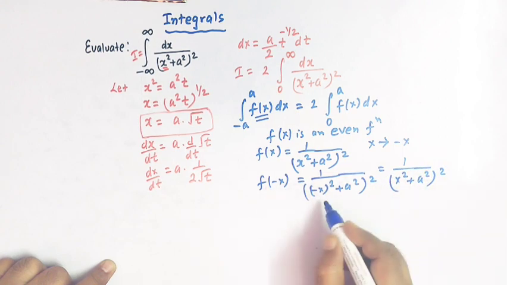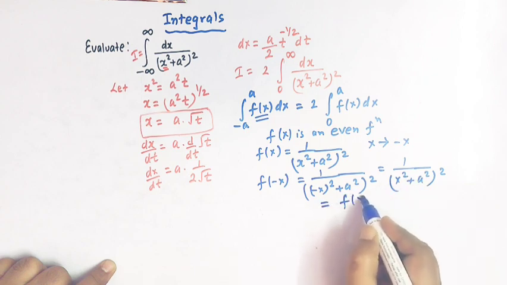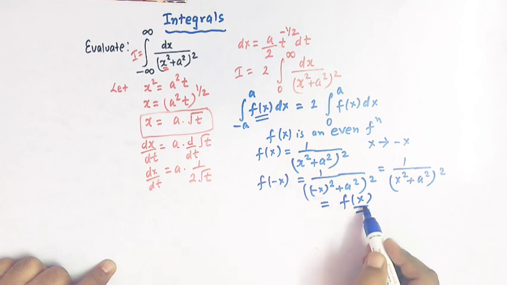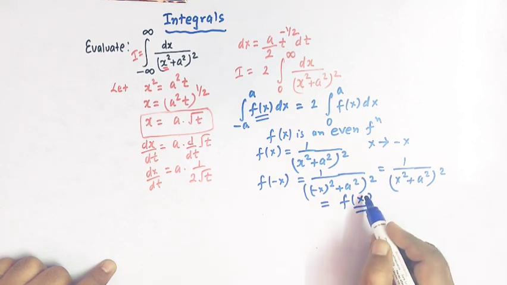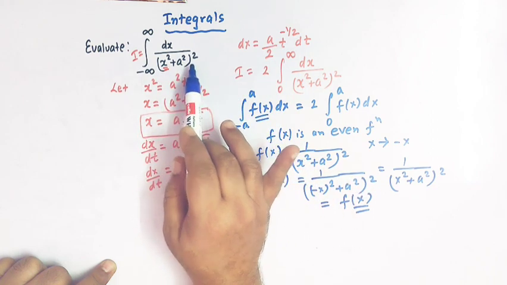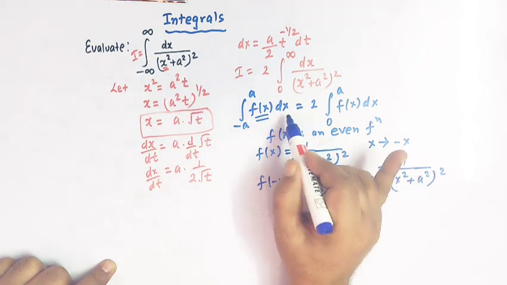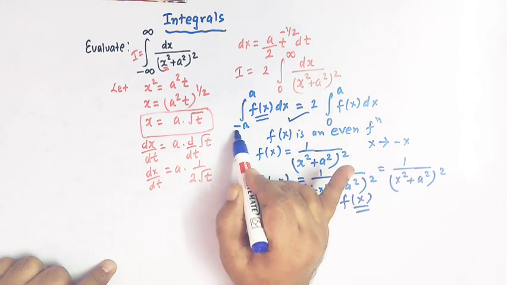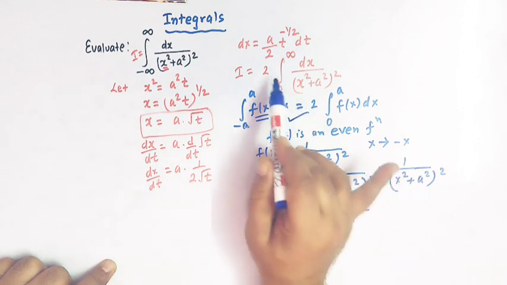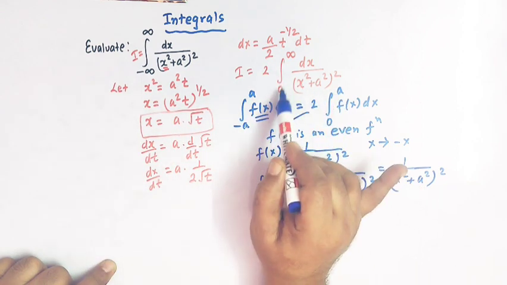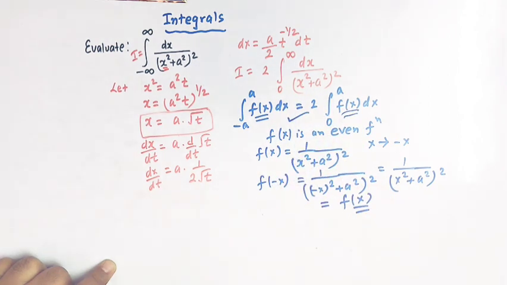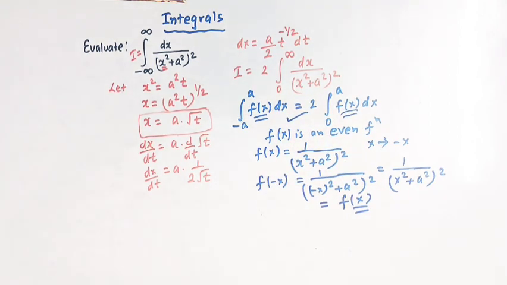So we again get the function itself. So f of minus x is equal to f of x, which suggests that the integrand is an even function. So we can apply this property. Here we have minus infinity to infinity, so this is 2 times 0 to infinity of the function f of x.